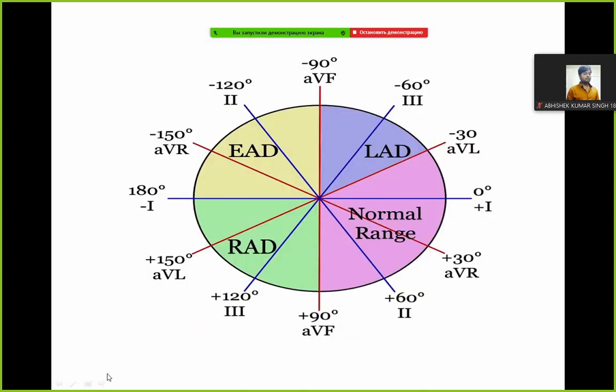This figure shows the coordinate system where this rose segment displays the range of normal heart axis from -30 to +90. This is the normal range of heart axis. This is right axis deviation and left axis deviation.